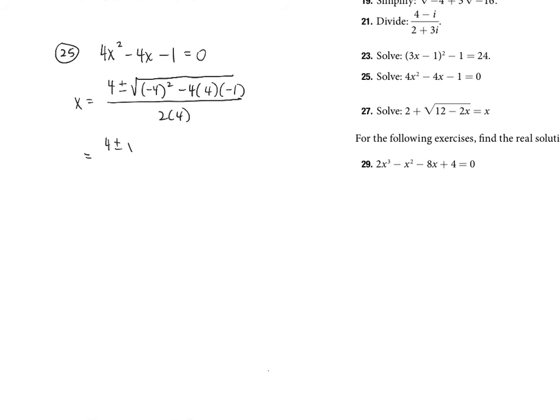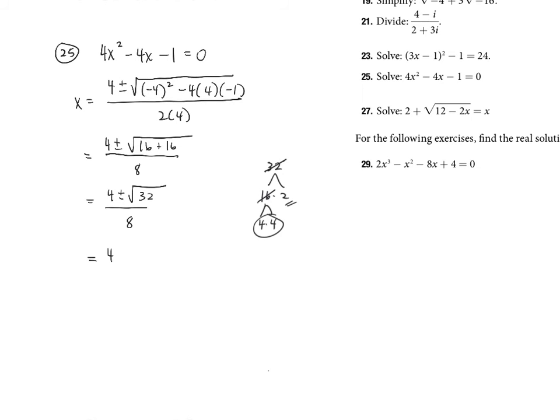Reducing, I get 4 plus or minus the square root of 16. This will be a plus 16 over 8. 16 and 16 is 32. 32 will reduce, so we're going to have 16 times 2, 4 times 4. So I can use the pair right there and the leftover 2.